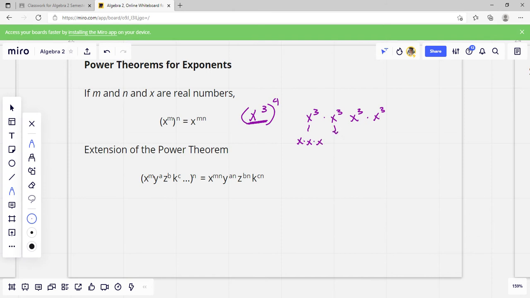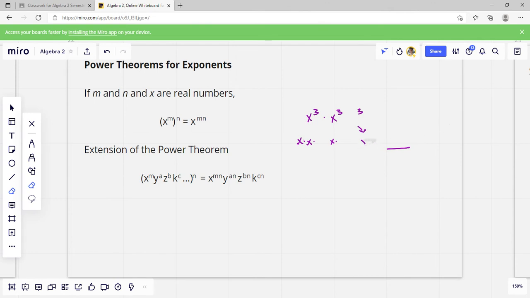And then this one means 1, 2, 3. And then that one, we're going to have 3 x's. And then this one, we're going to have 3. So we have 1, 2, 3, 4 sets of 3, right? And that 3 times 4 is 12. So that's going to be x to the 12th. I just multiply my exponents. When you bring a power up to a power, you just multiply.